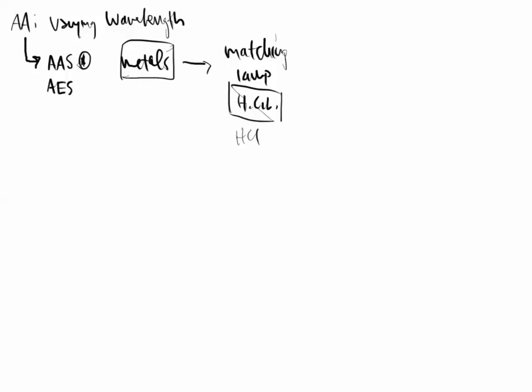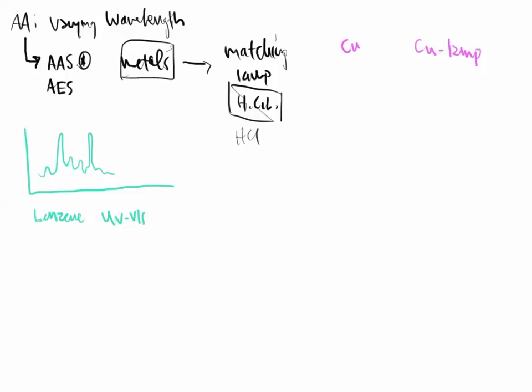In the first lab, varying the wavelength, we are going to be looking at copper. Therefore, we need a copper lamp in order to run this analysis. Now, if I begin to look at copper's wavelengths, what I will find out is that there's multiple versions of them. So let's think for a minute about the lab that you did with benzene. You ran benzene on a UV-vis spectrometer, and what you ended up seeing was probably a spectrum that looks something like this.